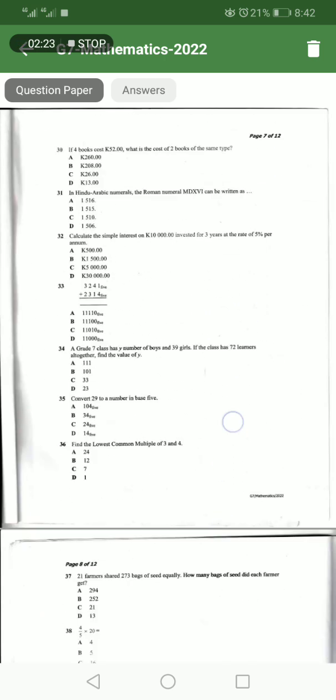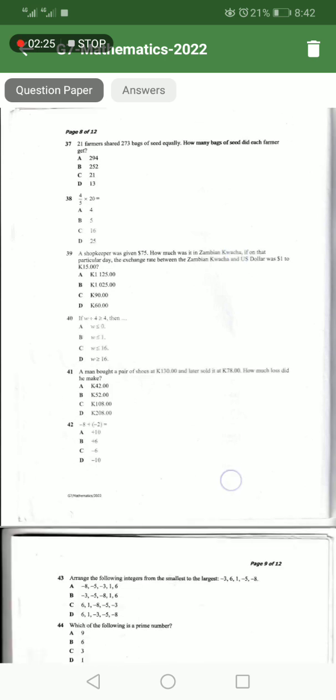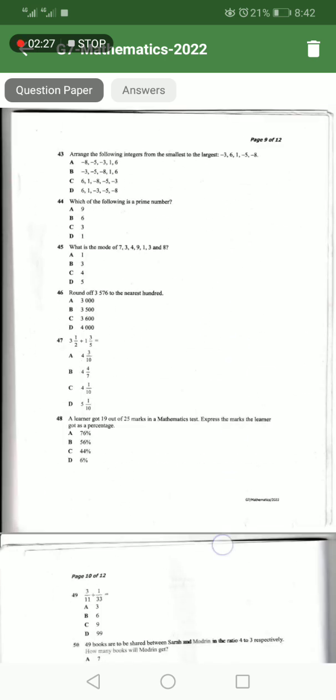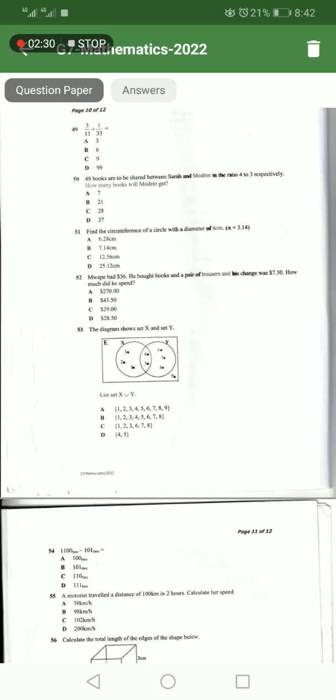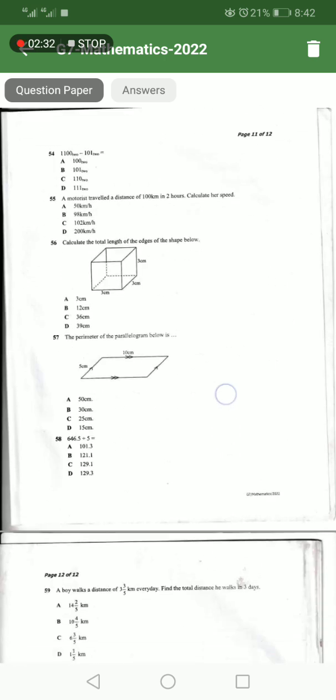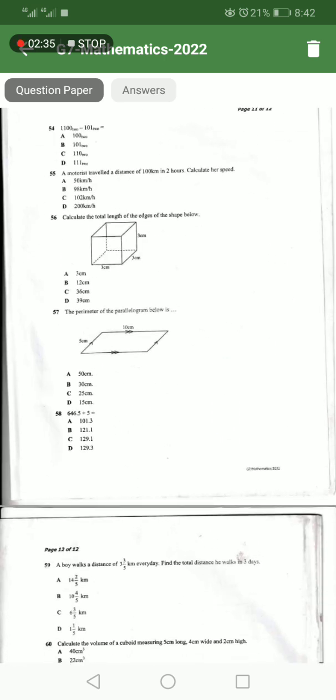Perimeter. Okay, 57. The perimeter of the parallelogram below is. So we have found both those questions.